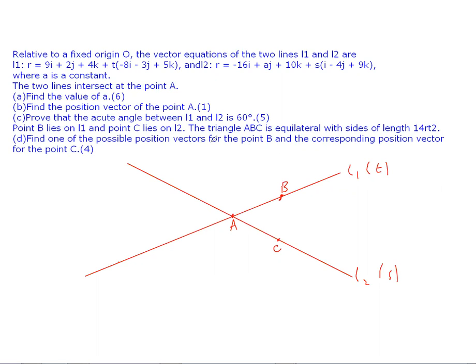Find one of the possible position vectors for B and the corresponding position vector for the point C. Now when you found out what A was, you worked out what the value of T was and the value of S was at A. Now to go from A to B, we need to add a certain number of the directional vectors for L1.